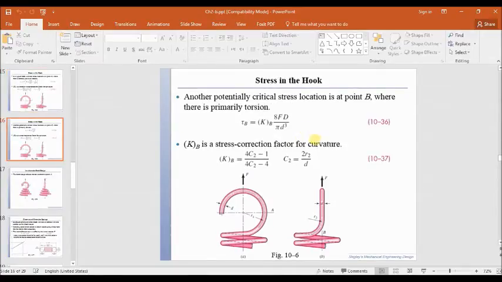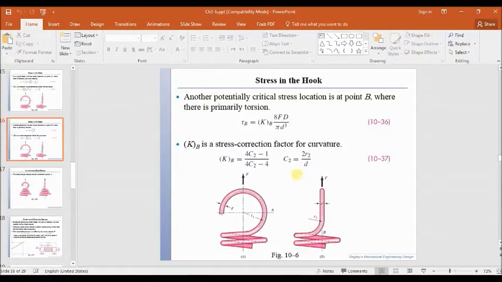The next critical location is location B. That means the place where the hook is connected to the body of the extension spring. R2 is the radius of the connection of the hook to the body.